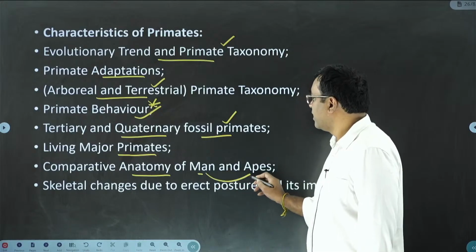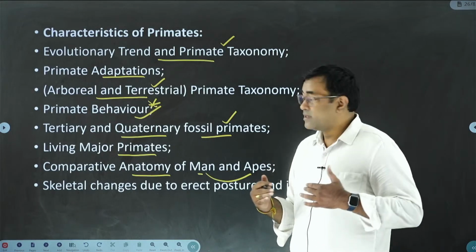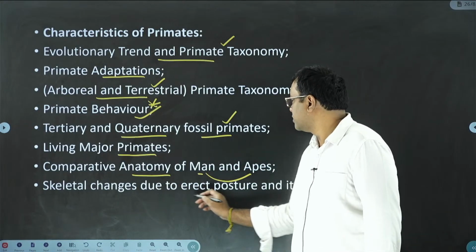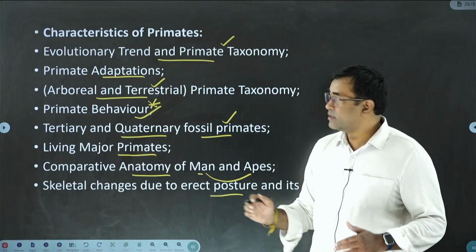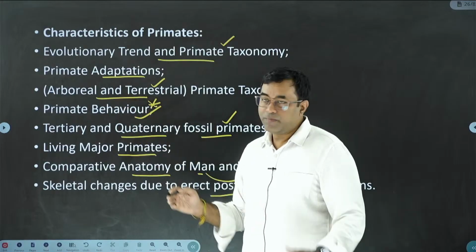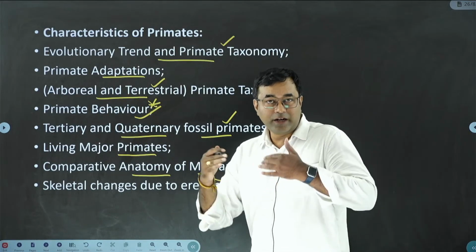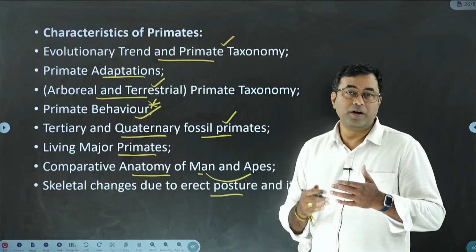We can compare the skeletal and anatomical structure of man and apes, and skeletal changes due to erect posture. Once primates came from arboreal to terrestrial life, erect posture evolved over a period of time.